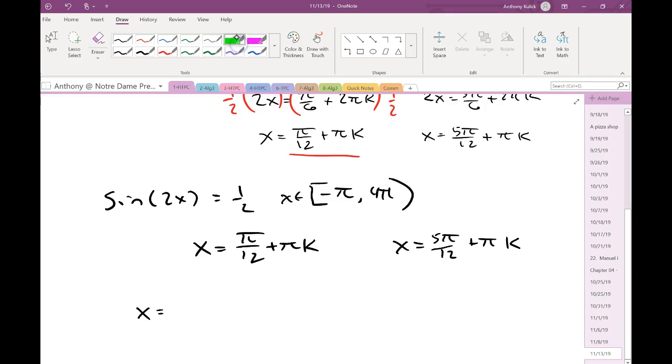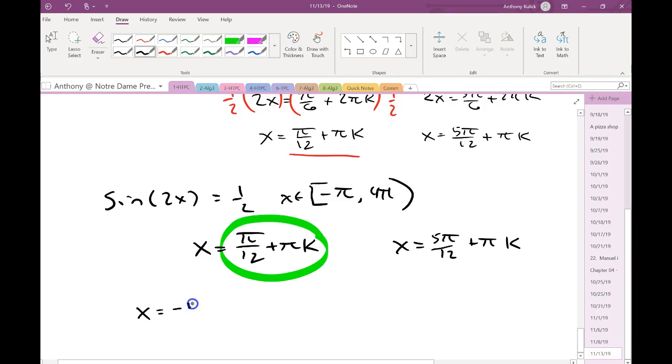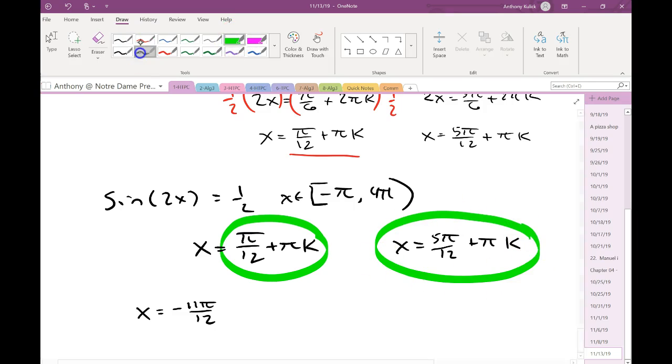So, my first answer is going to be if k is negative 1. If I'm subtracting pi from this. Similarly, if k is negative 1 here and I'm subtracting pi.